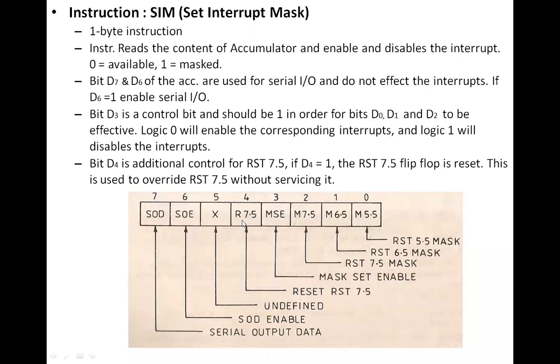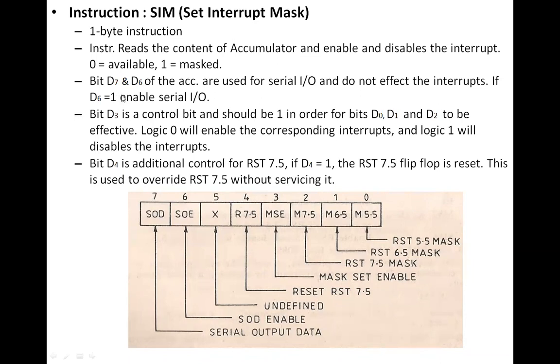This is a special bit, the D4 bit, which represents the resetting of RST 7.5. Besides setting and masking with D2, you can also reset with the D4 bit. The D5 bit is undefined or unused, and D6 and D7 bits are used to enable the serial input and output.